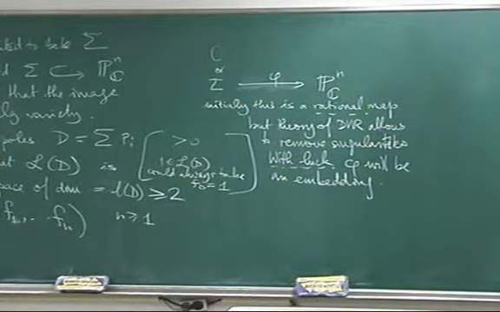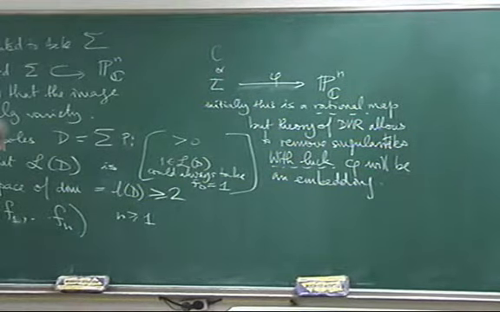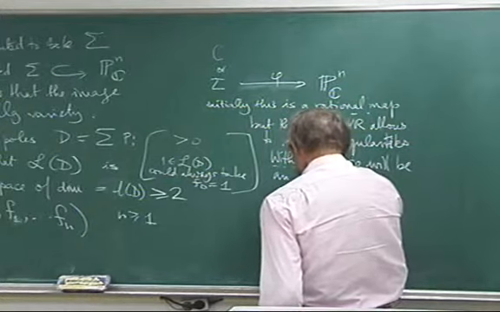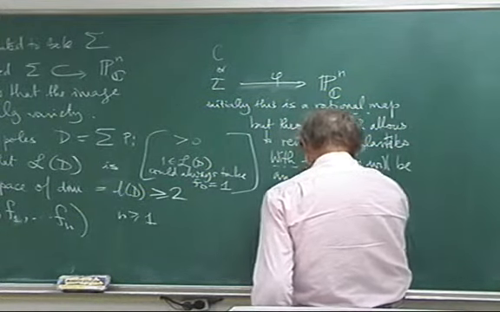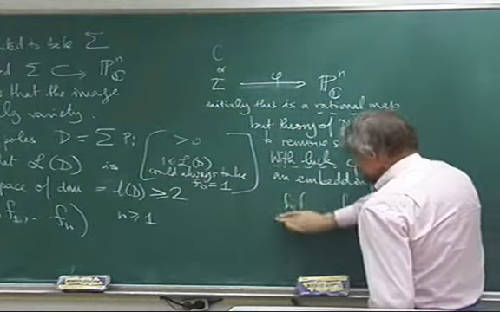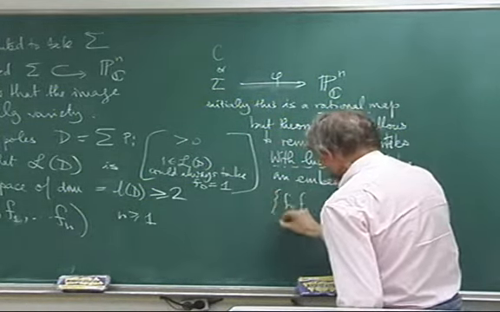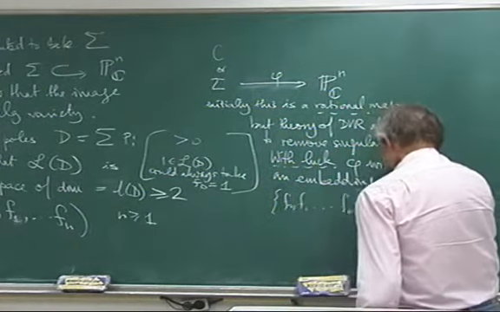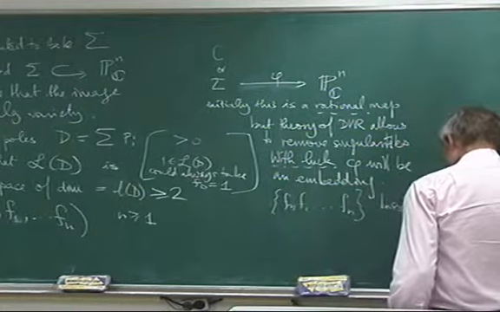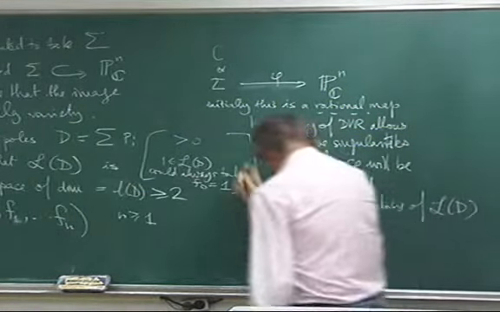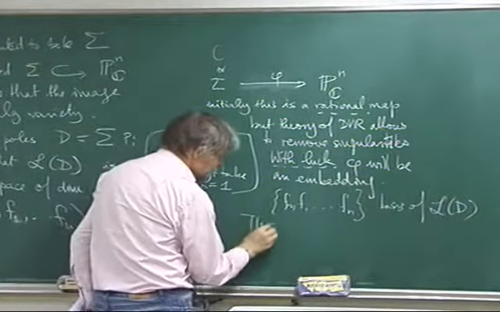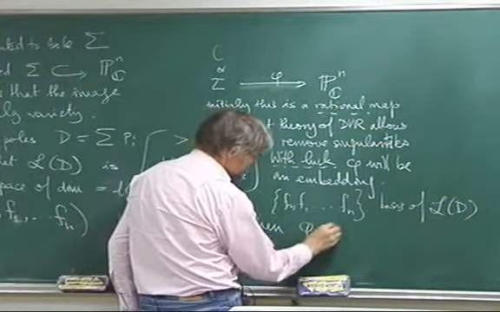That's also not so difficult. So if you think about this map, phi = (f0, f1, up to fn), let's take these to be a basis of L(D). Then phi is an embedding.